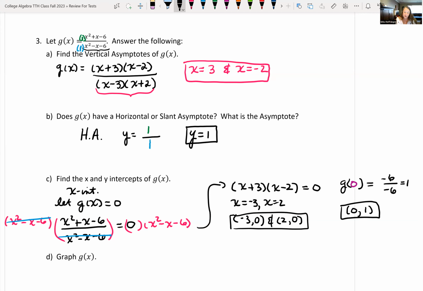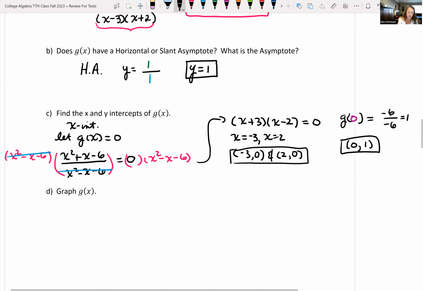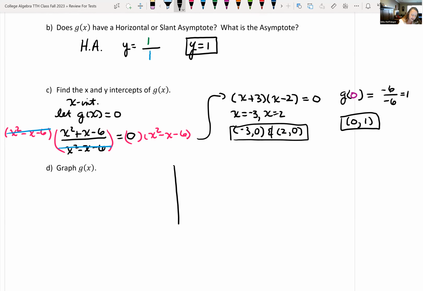From knowing where our vertical asymptotes are, where our horizontal asymptote is, and where our intercepts are, we're pretty close to graphing this. Let's plot our asymptotes first. We had x equals 3, x equals -2. I'm going to put dotted lines to notate that that's where my asymptote is.